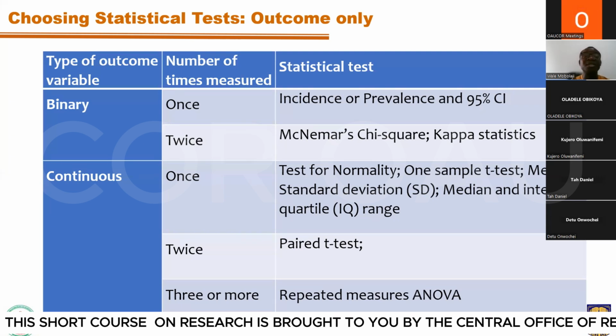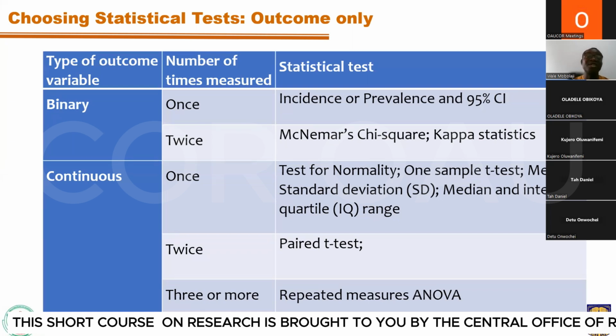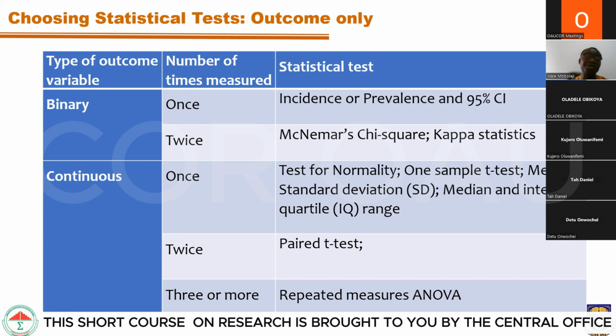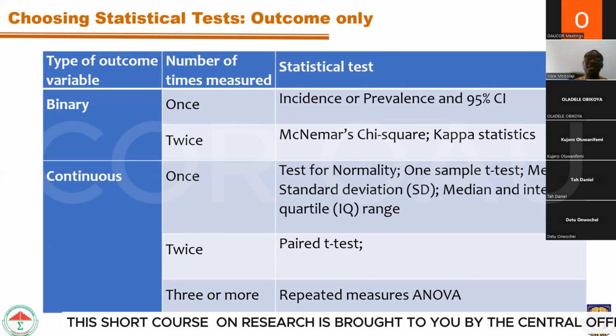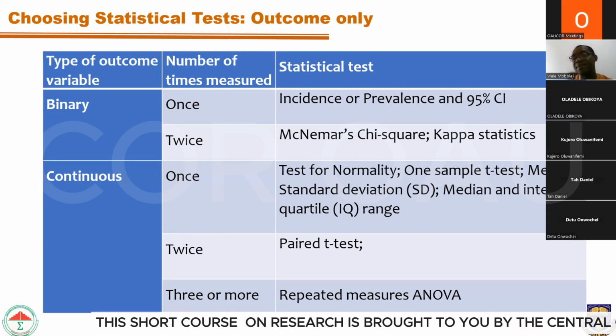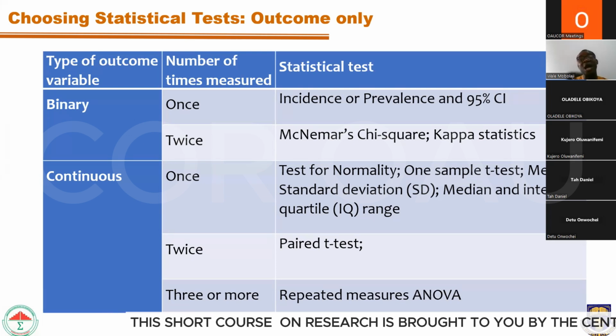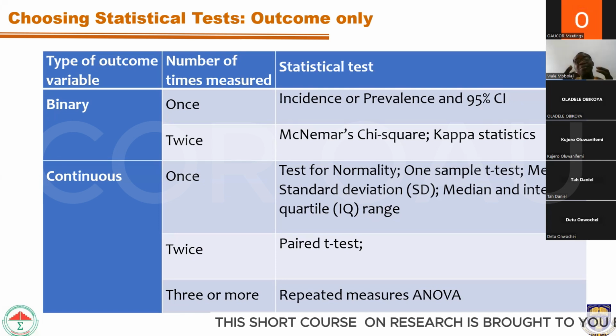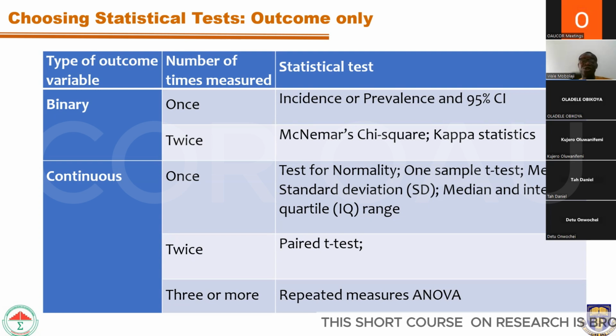If it is measured 3 times or more, then you will be using Cochran's Q test. It is not in this slide. Cochran's Q test allows you to look at variations in the responses at stage 1, stage 2, stage 3 of the measurement of the variable. So you use Cochran's Q test.